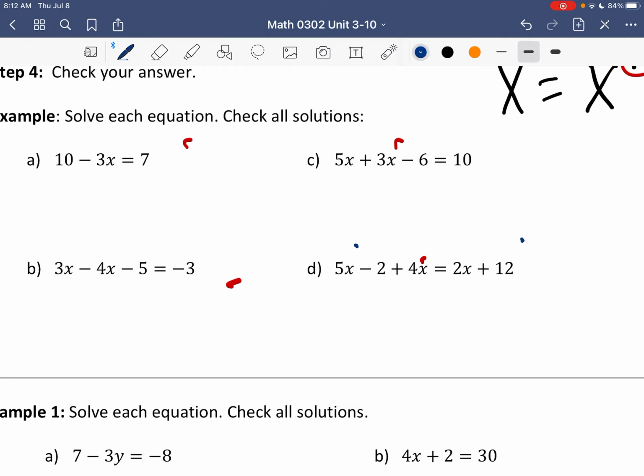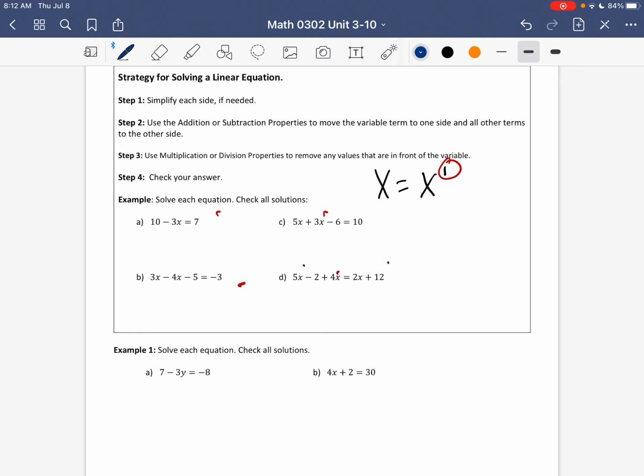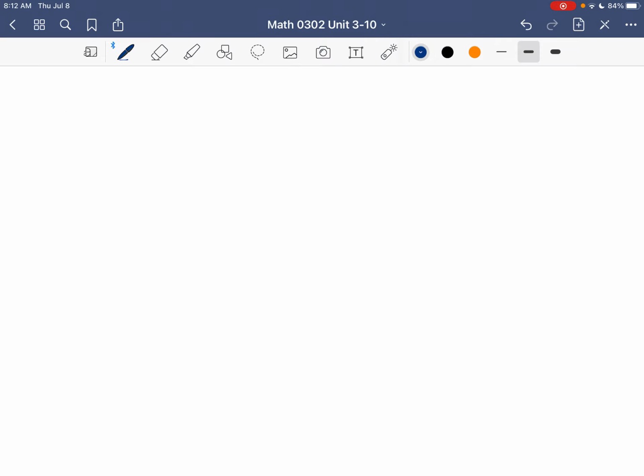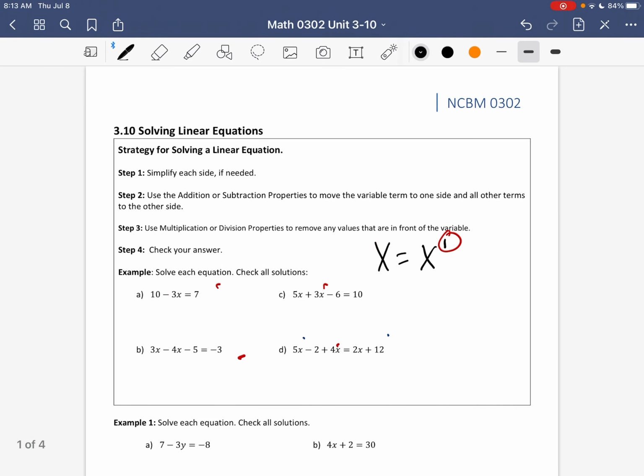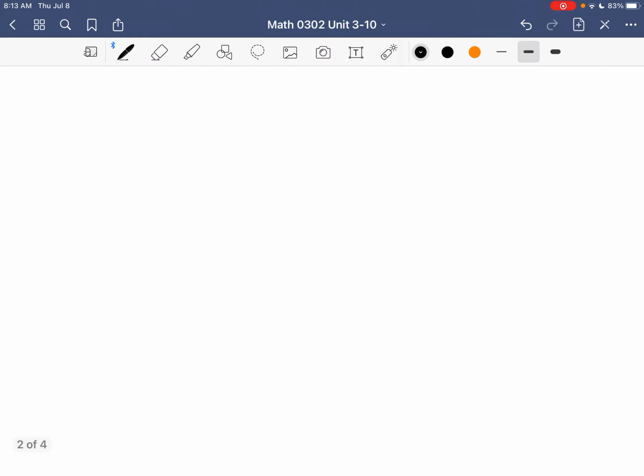Let's go ahead and go through the solution, see how you solve a linear equation where the variable x appears in a term on both sides of the equation, okay? So again, I think what I want to do here is add another sheet of paper, and let's go ahead and solve the equation for part D. So that's 5x minus 2 plus 4x, okay.